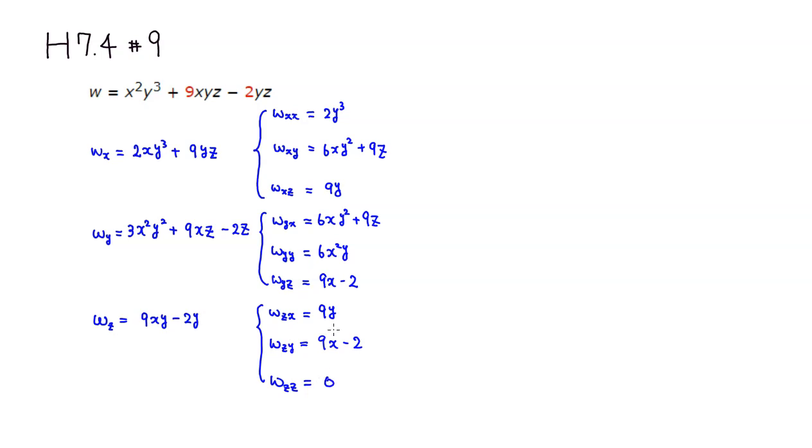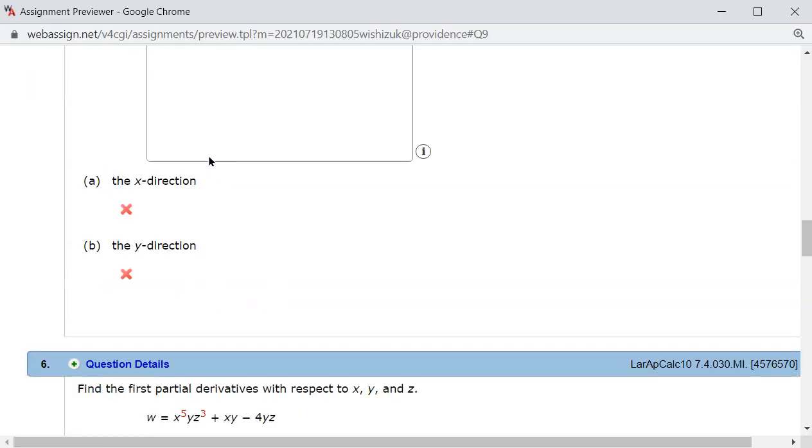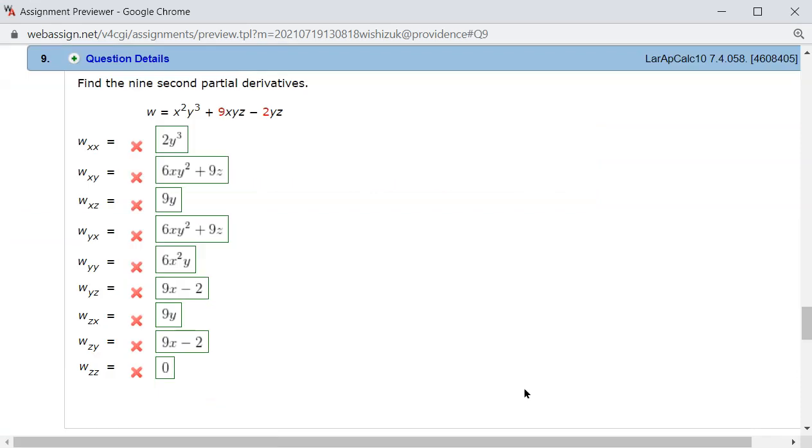All right, let's check the answer. I'm going to open that up here and put the key on. So we have 3y cubed, 6x squared plus 9z, and 9y.